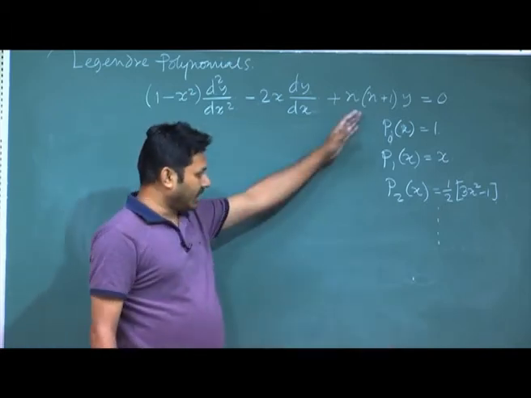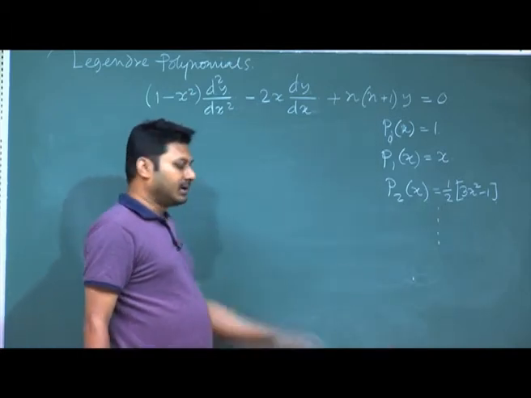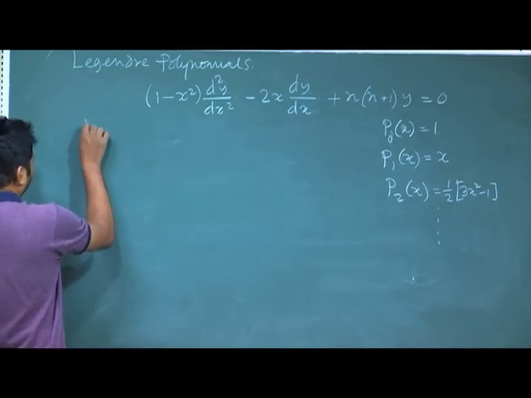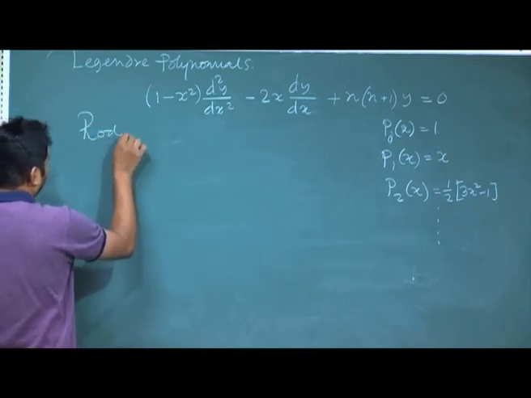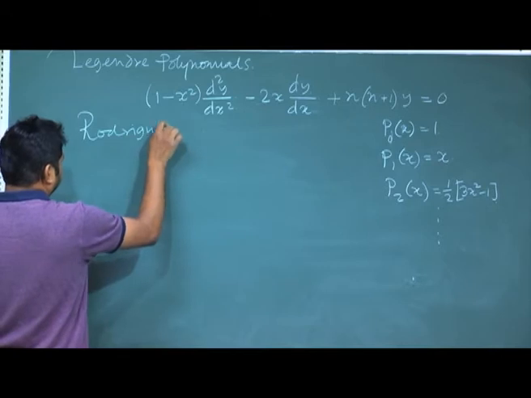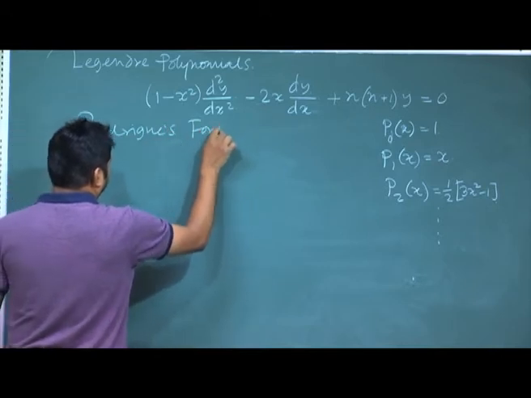In order to remember how these polynomials are obtained, we have something called the Rodrigues formula.